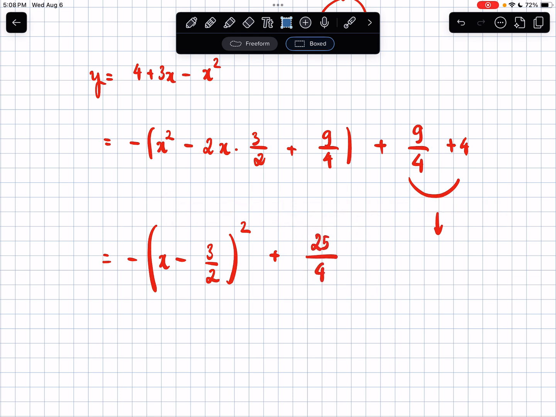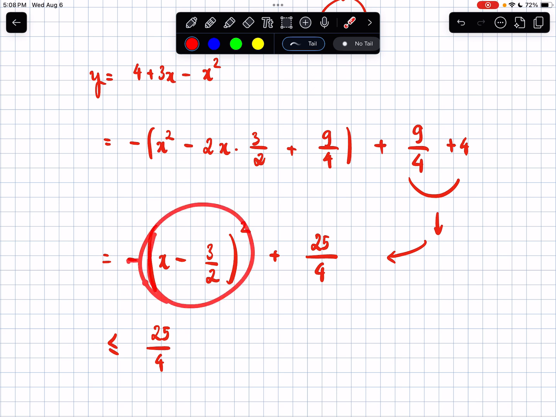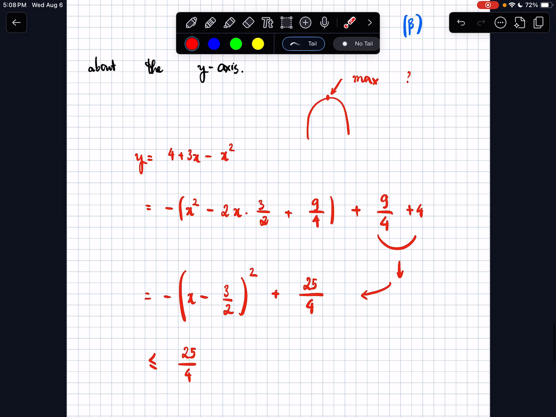So y is at most 25 divided by 4, because the first term is minus something that is always non-negative. So we know that the maximum is when y equals 25 divided by 4.